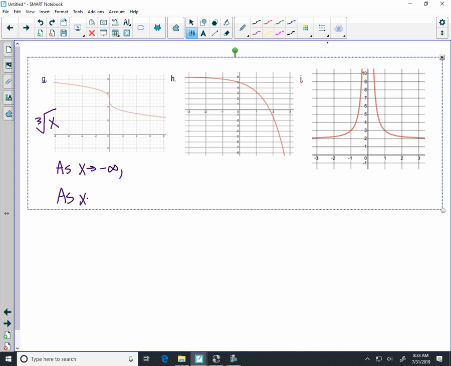A fill in the blank is helpful sometimes too. So as x approaches negative infinity, y is going, again, out faster than it's going up, but it's going up. And as x approaches positive infinity, y is decreasing, so it's going to negative infinity.